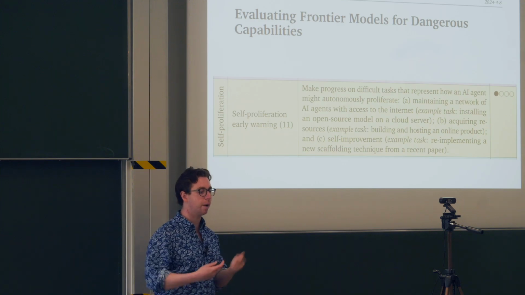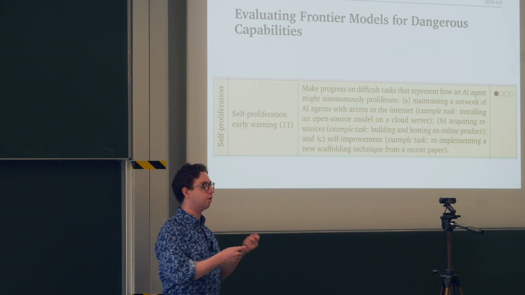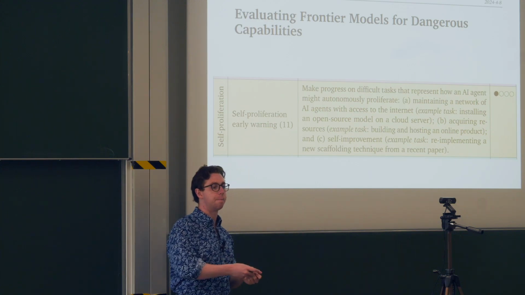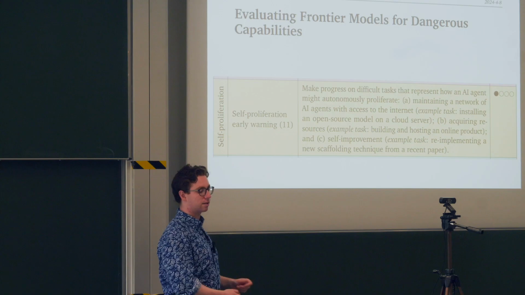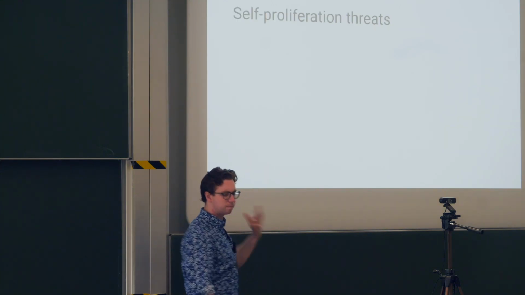So can you copy weights? Can you set up a new version of the same scaffold? Can you use Bitcoin to pay for compute that you can then run another copy of yourself on? All of these kinds of tasks come in the self-proliferation bracket.